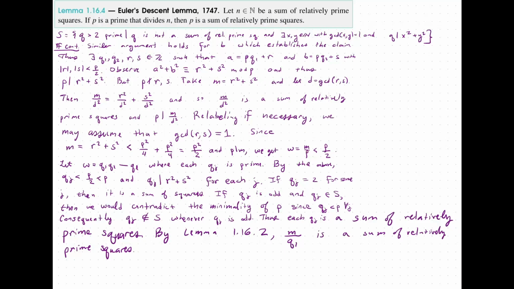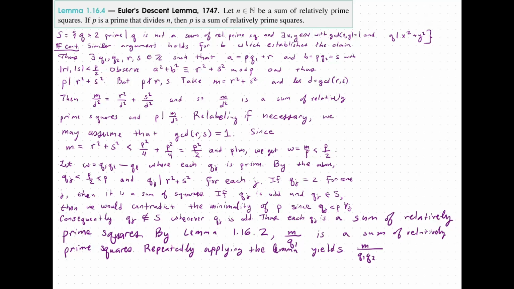And then repeatedly applying the lemma will yield the following, that if we take m over Q1, well, we know that m over Q1 is a sum of relatively prime squares. So if we take the lemma again and apply it to Q2, we will get that m over Q1 times Q2 is also a sum of relatively prime squares.